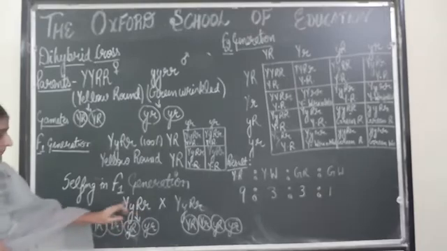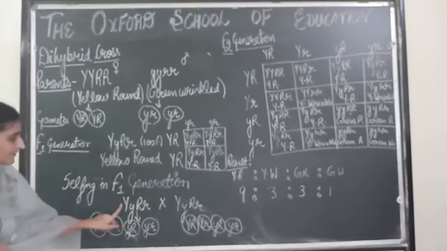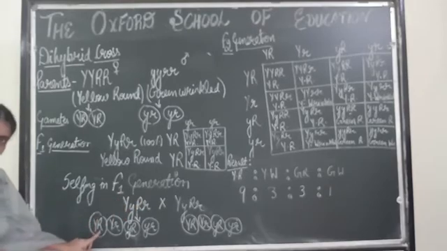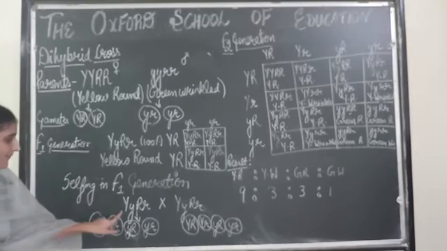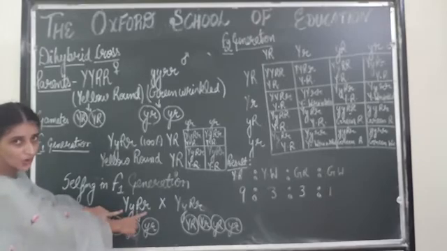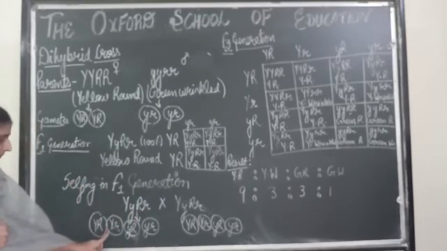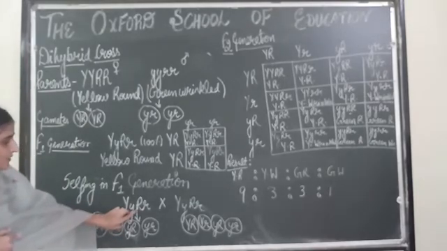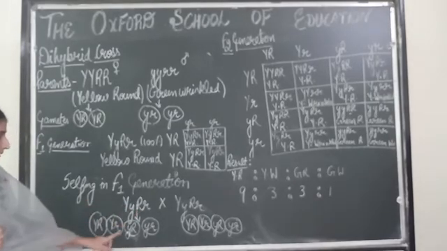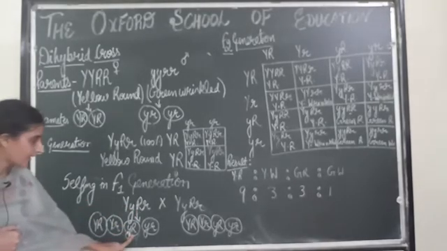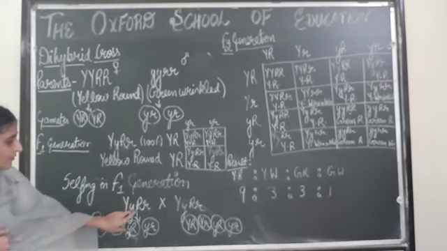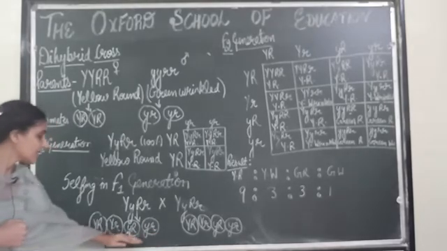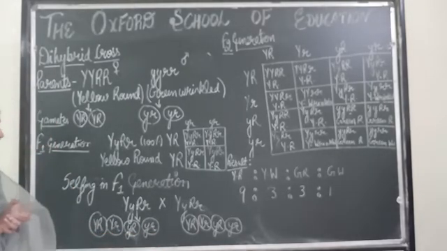If capital Y fuses with capital R, the gametes will be capital Y, capital R, or capital Y fuses with small r, the gametes will be capital Y, small r. In case small y fuses with capital R, the result will be small y, capital R, and in case small y fuses with small r, the result will be small y, small r. So these are the four possibilities of gametes.